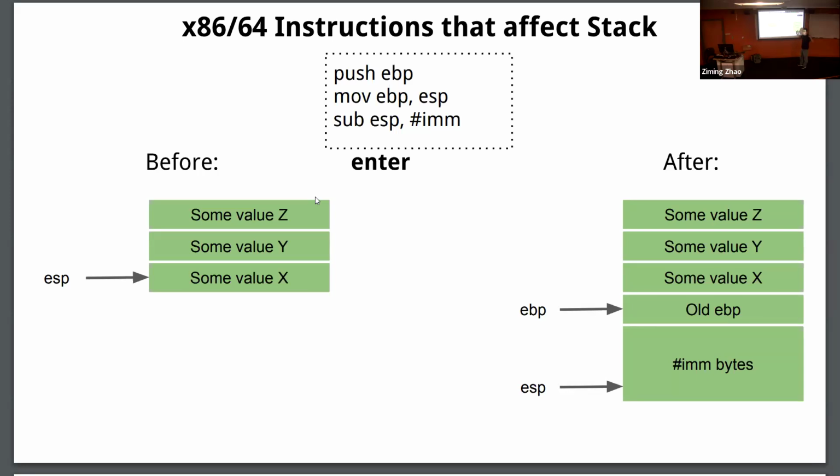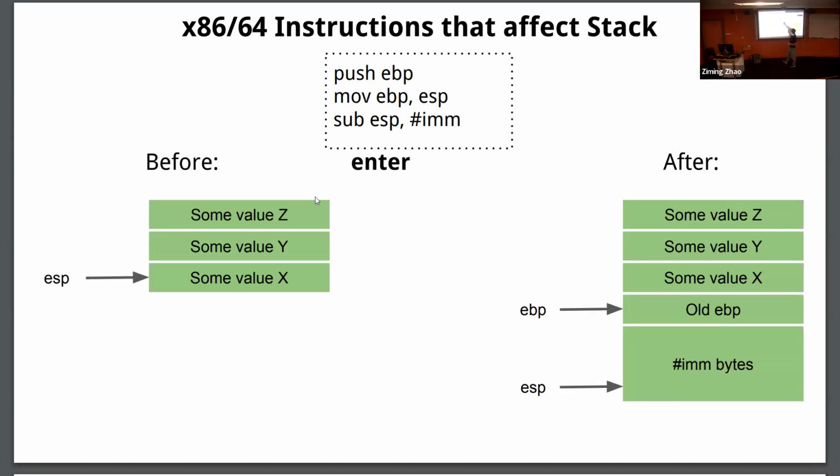The EBP value is overwritten, but the old EBP value we already saved in the previous instruction. Because we saved it, now we can override it. Now ESP points to the saved EBP, because both EBP and ESP are here. Now we move ESP to EBP, so EBP points to here.